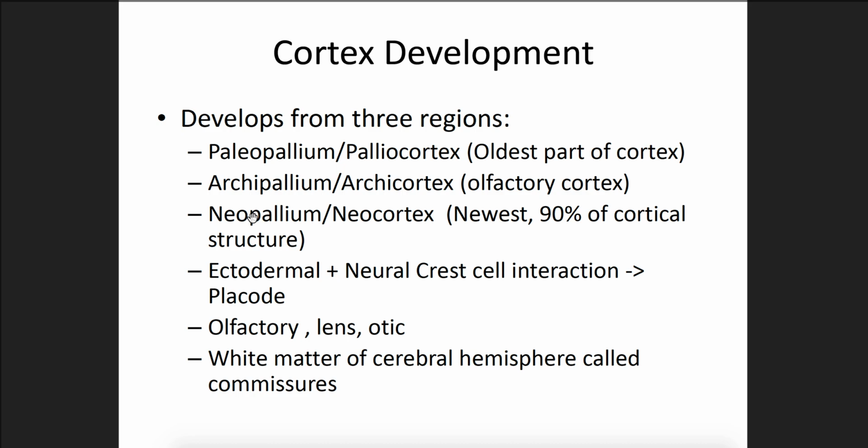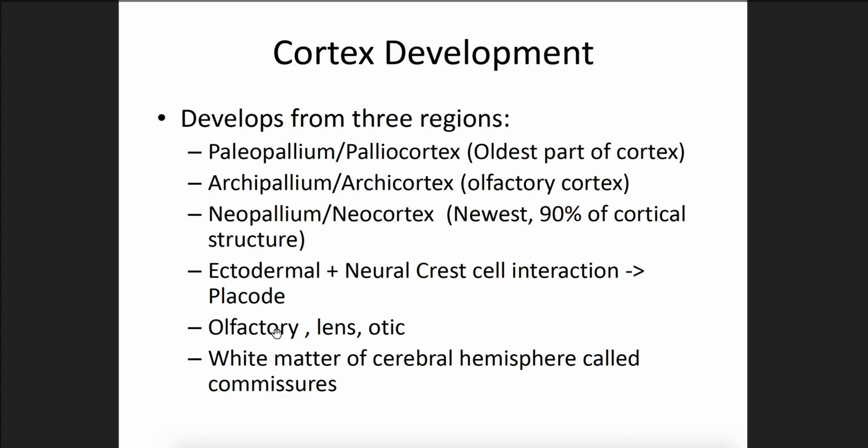There is another term that you are familiar with, which is called placode. Placodes, ectodermal placodes. Placodes are a combination of ectodermal thickening and neural crest cells, and they have to do with sensory organs which are developing in the head and neck region.